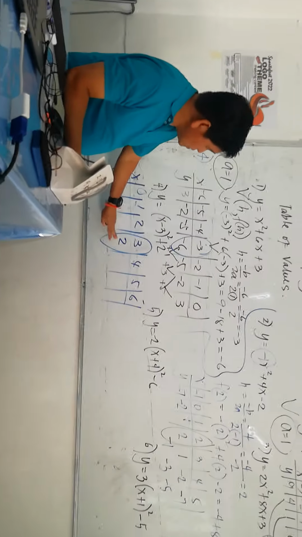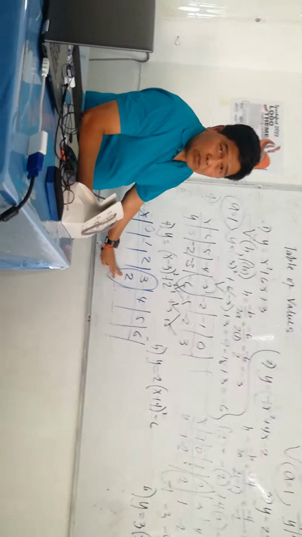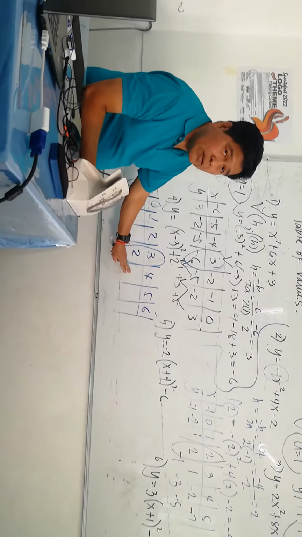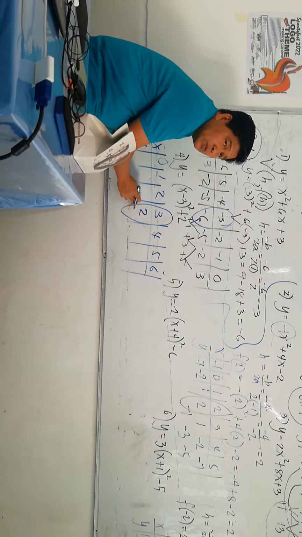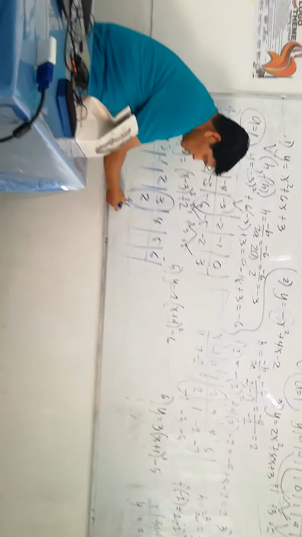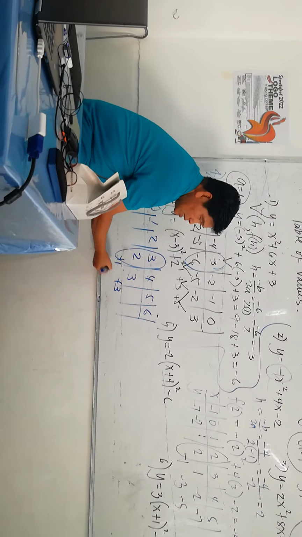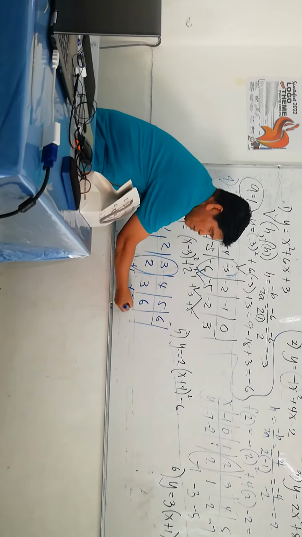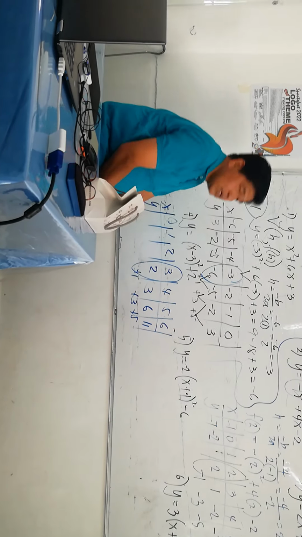If this is equal to 2, since your a is equal to 1, you will add 1 to 2 to get the value of y when x equal to 4. What is plus 1 root 2? 3. Okay, 3. Plus 3 equal to 6. Plus 5 equal to 11.